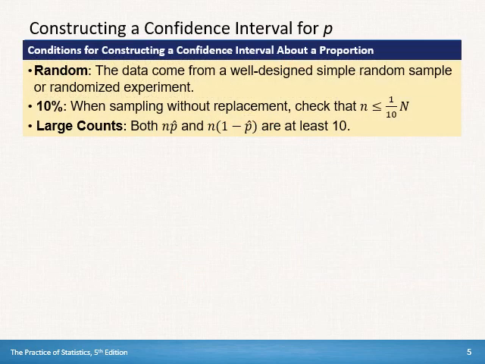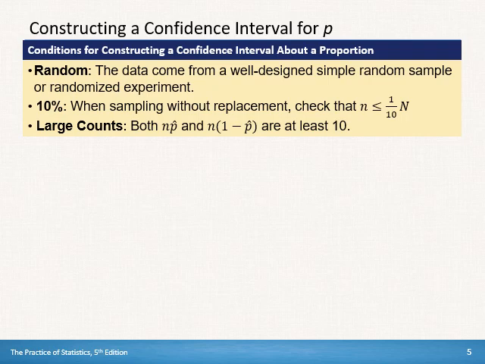All right, and so there are some other things we have to check in order to do our 4-step process, or in order to calculate our confidence interval. We need to make sure of 3 things: that the data we've selected comes from a designed simple random sample.